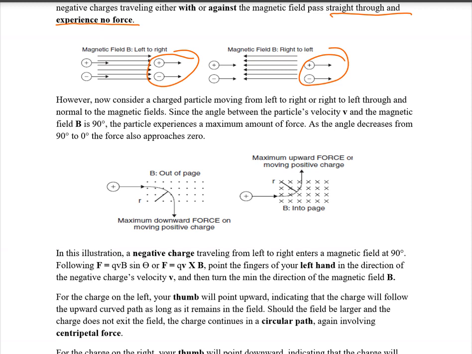As you saw before, since it is a dot, it's out of the page, and the field is out of the page, and the charge is moving perpendicular to the field. Therefore, at this time it bends like this. That means it moves what? Down. But if it is into the page, it moves what? Up. It moves up.